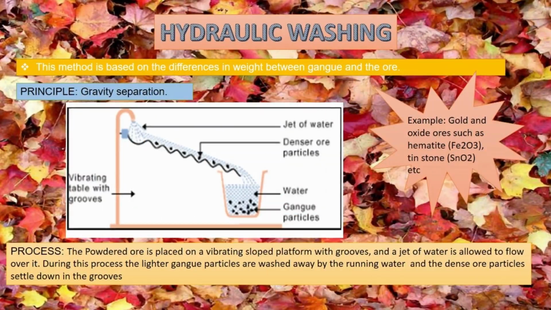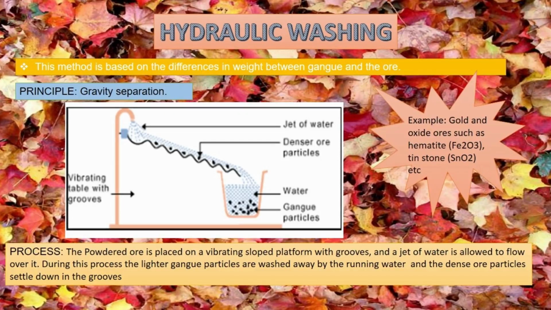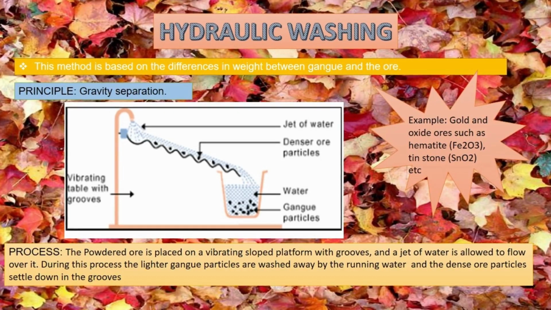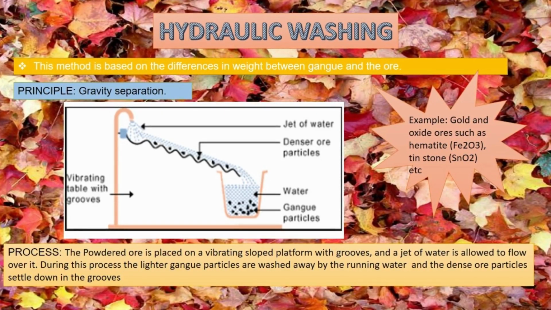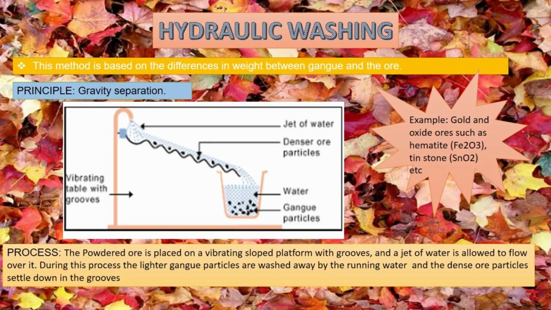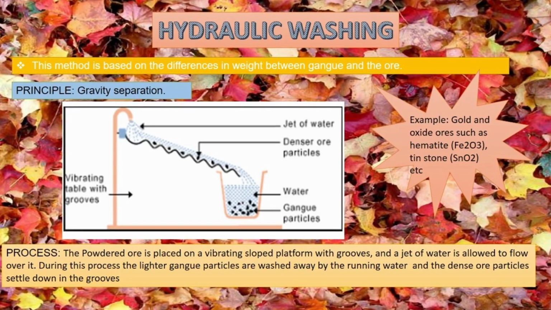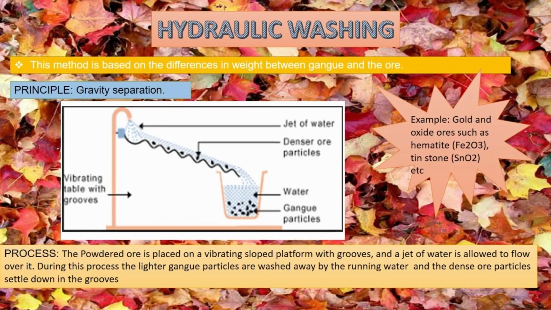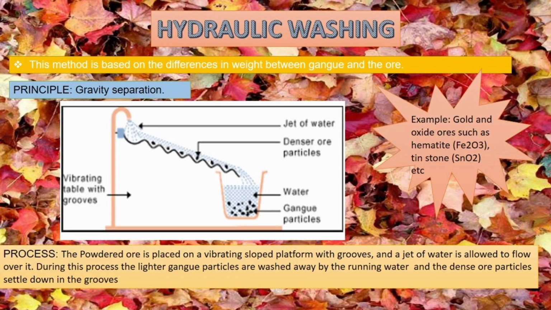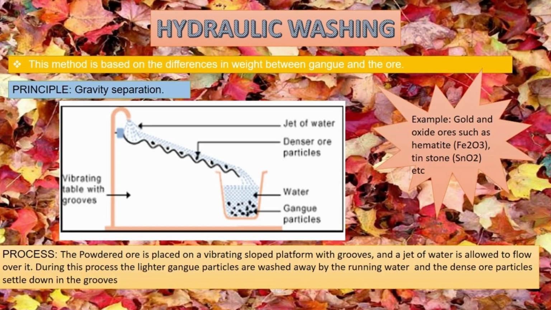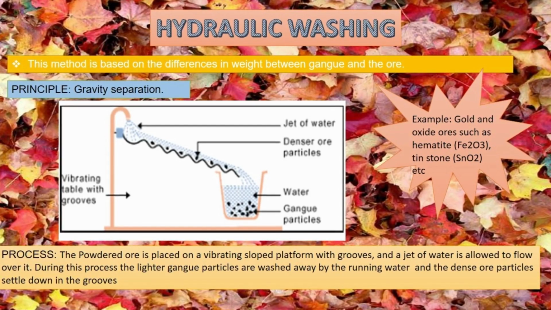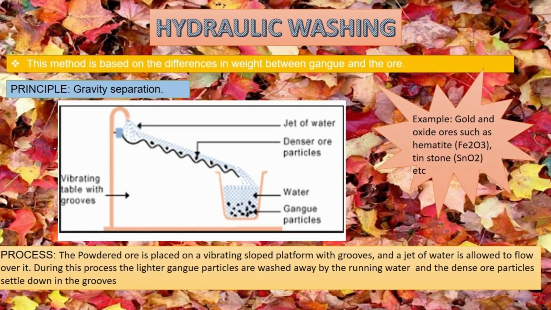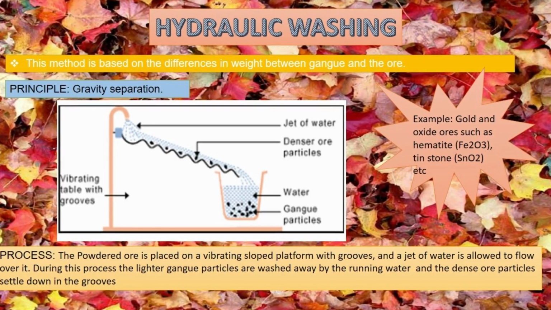One of the methods for concentration of ore is hydraulic washing. In hydraulic washing, pressure exerted by water is used to wash away the earthly impurities present in the ore. So the principle behind this method is the difference in gravity between the gangue and the ore, that is gravity separation.